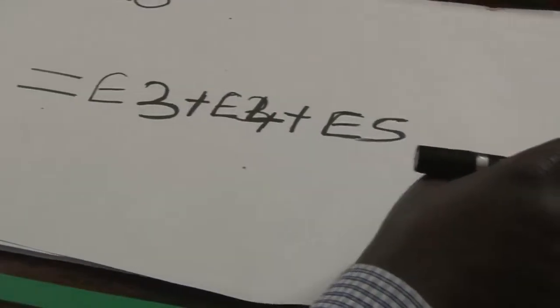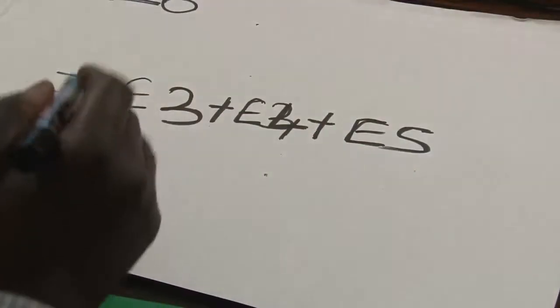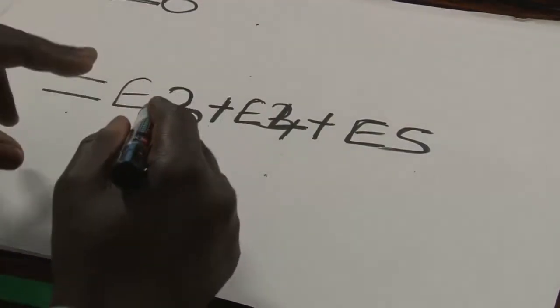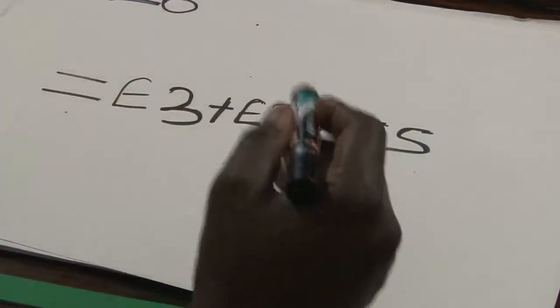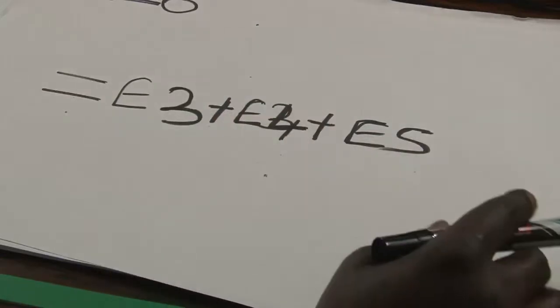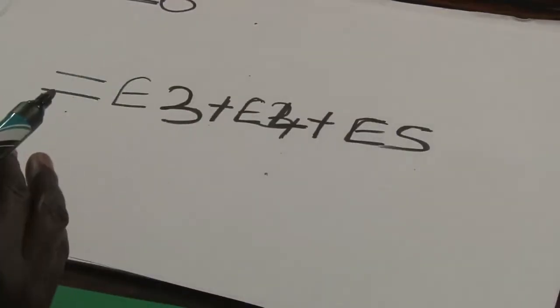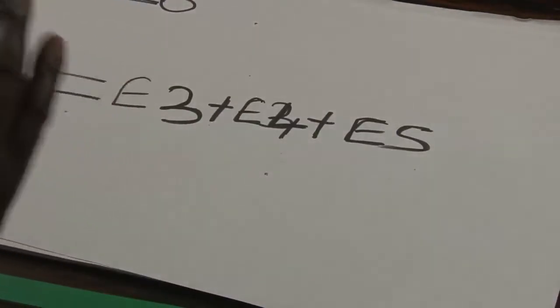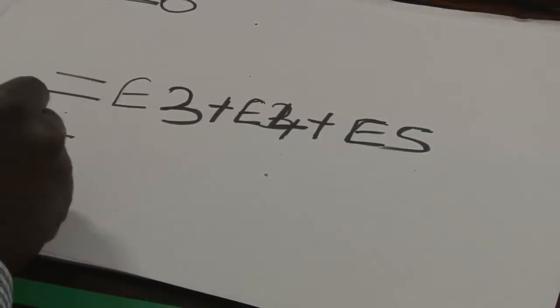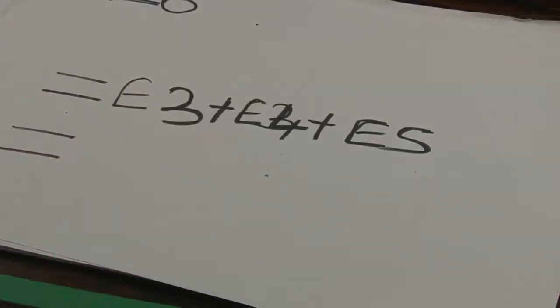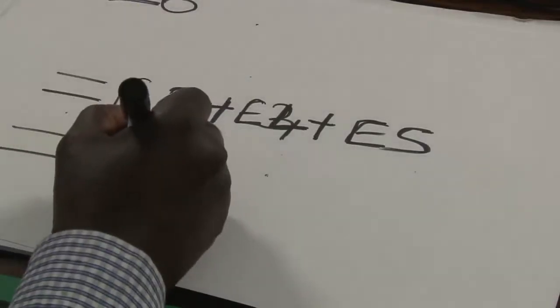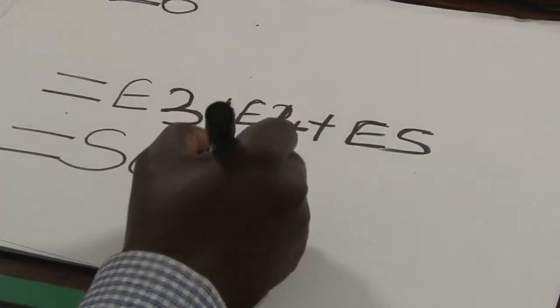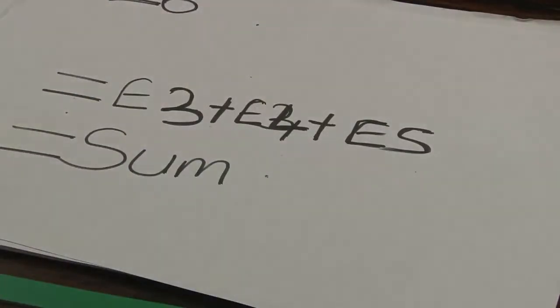Let me show you another way of doing it. Instead of me writing them one by one, E3 plus E4 plus E5, here is another short method of doing it. You say equal sum. Sum is a function that adds together.